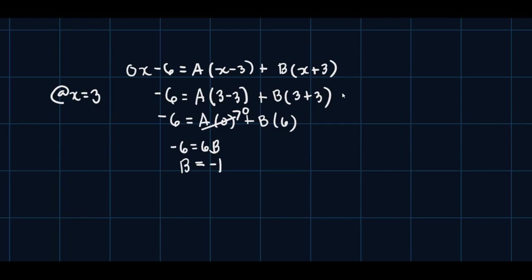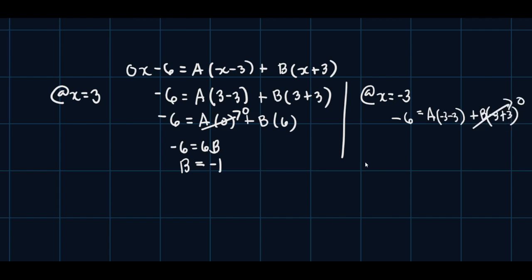Okay? Likewise, if we choose x to be equal to negative 3, we have here negative 6 equal to A times negative 3 minus 3 plus B times negative 3 plus 3. This again will be equal to 0.